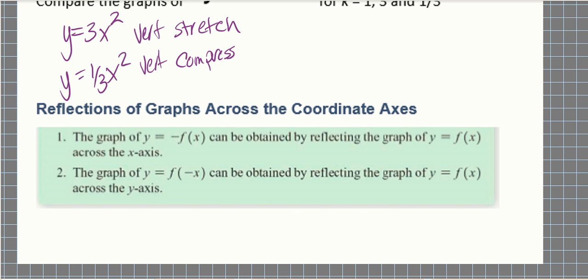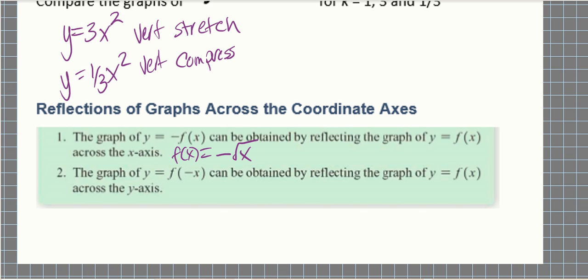Meaning if I have a negative on the outside of my function, I can reflect it across the x-axis. For example, if I had f of x equals the negative square root of x, the negative is on the outside of the function. That means I would reflect it across the x-axis.